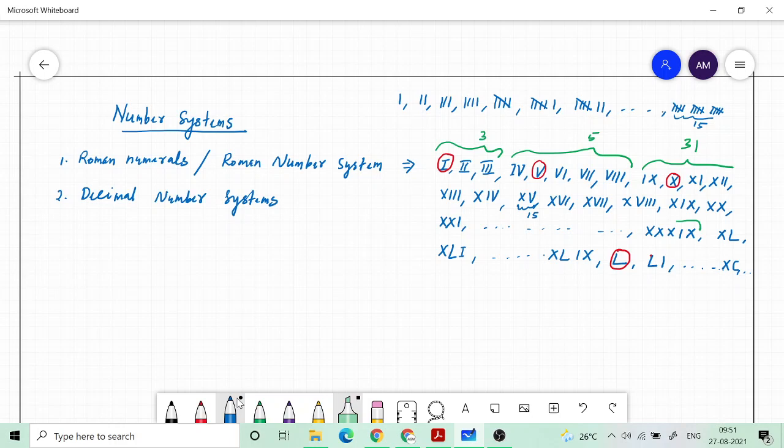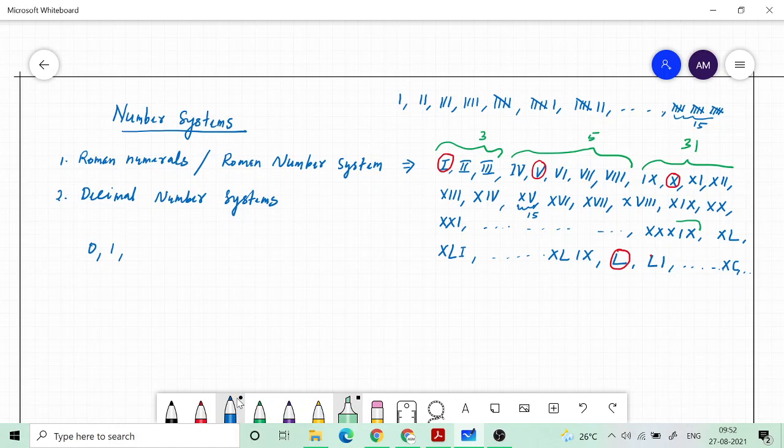So to overcome all these difficulties, the decimal number system was invented, and it was a concept introduced in India, and then it was popularized by the Arab traders. Okay, so in the decimal number system, we have only 10 symbols.